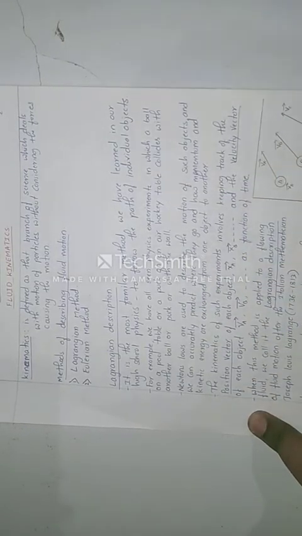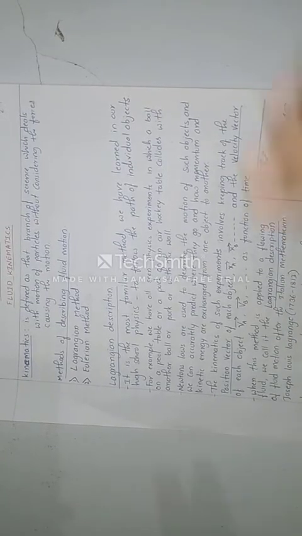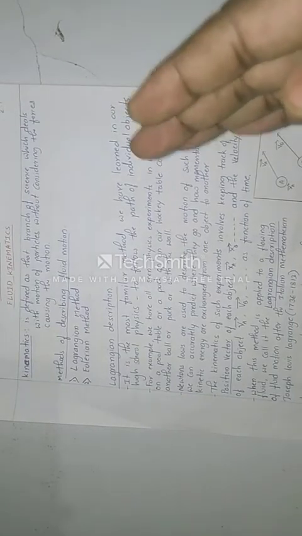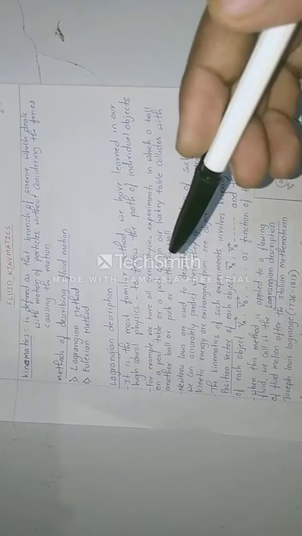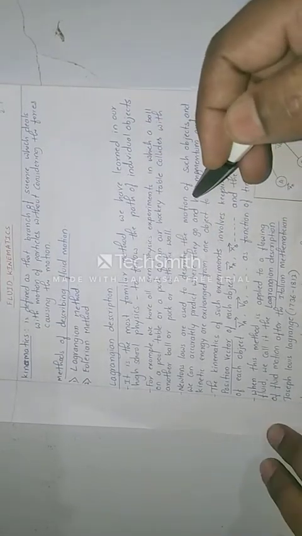When you are playing carom, your concentration is only on one puck, so you are not worried about other particles. Your concentration is only on one particle and you are going to study only that particle. That type of approach we call the Lagrangian approach.